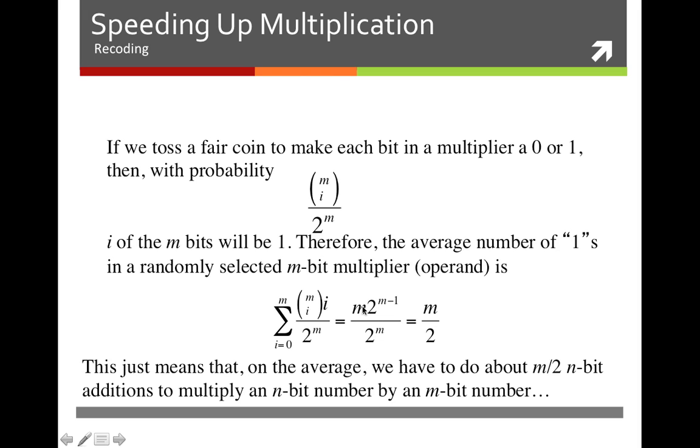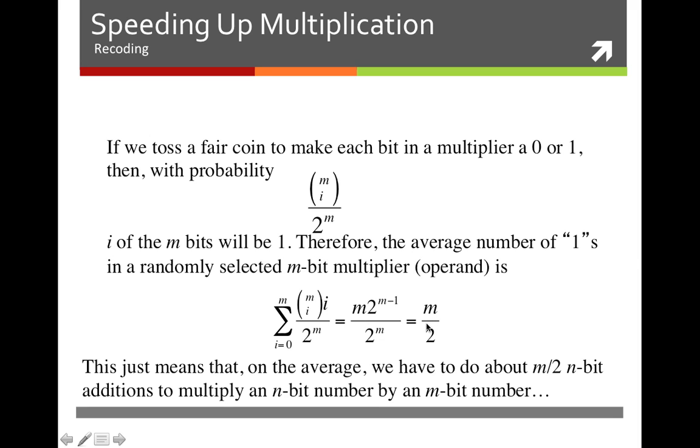But in the end, this comes out to m over 2, which is what you would probably have expected, because half the bits would be 0, the other half would, on average, be 1. That's how they would be distributed. There's nothing really fundamental about this result, which is something that we should have expected.